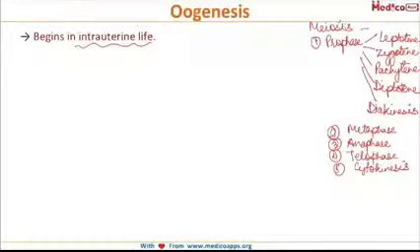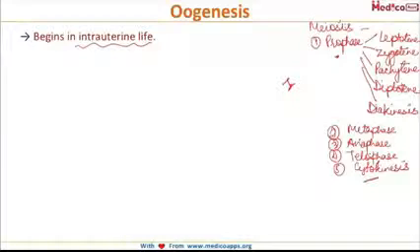Now meiosis has got two parts, Meiosis I and Meiosis II. In Meiosis I, the actual reduction division occurs, whereas in Meiosis II, there is multiplication of the cells. Now this meiosis has got different phases: prophase, metaphase, anaphase, telophase and cytokinesis.